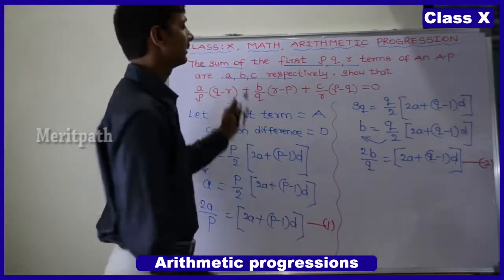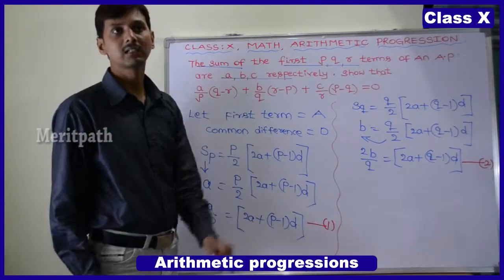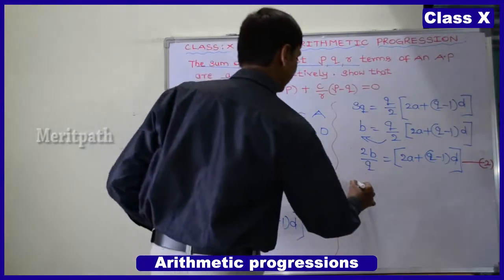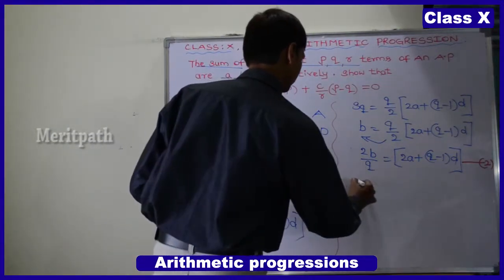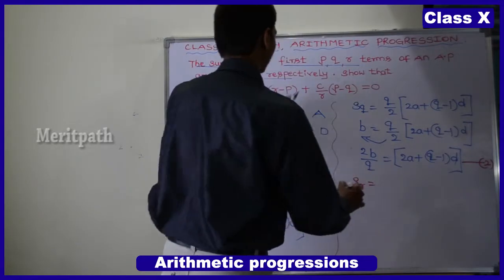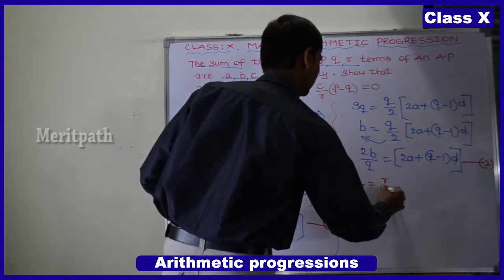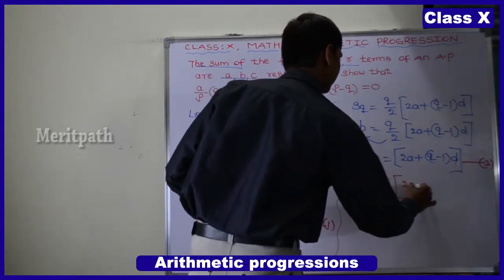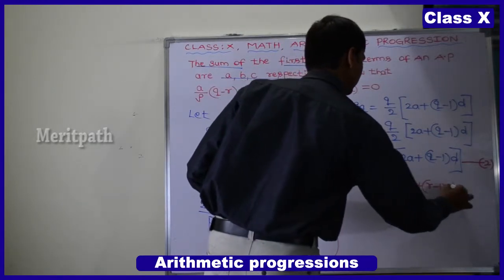So for the third equation, the sum of r terms, S_r, is equal to r by 2 into 2a plus r minus 1 into d. Before that we need to write S_r, the sum of r terms, is c. So c is equal to r by 2 into 2a plus r minus 1 into d.